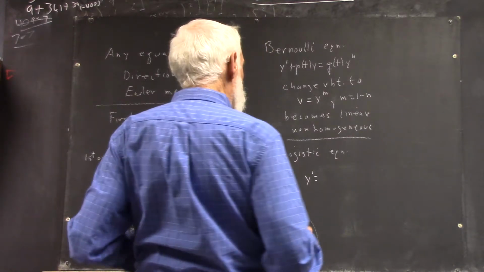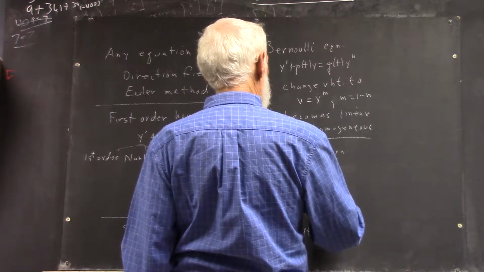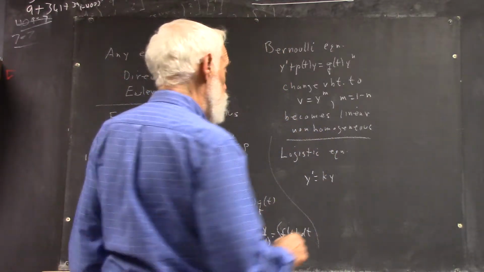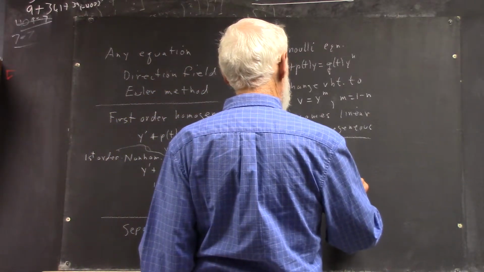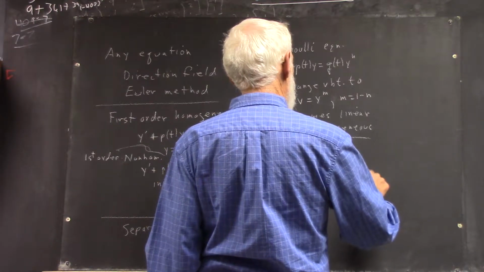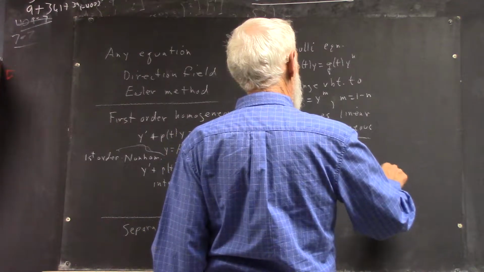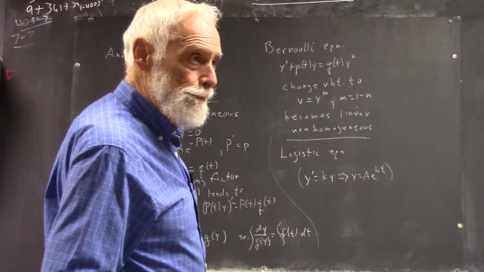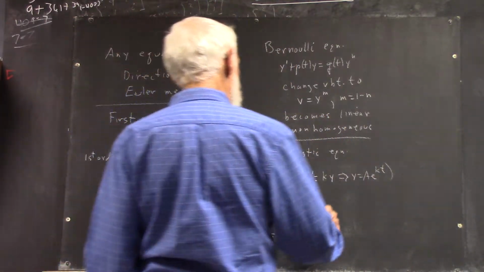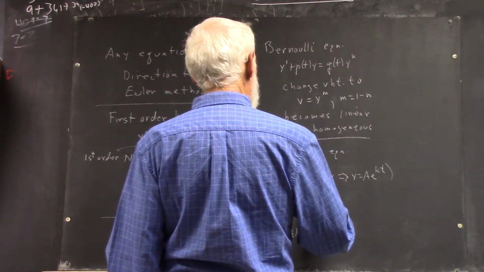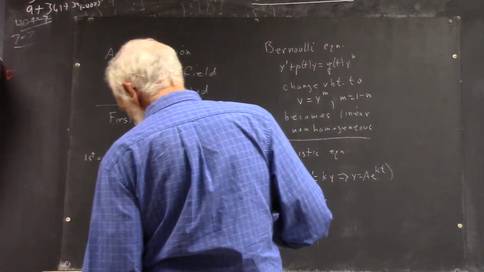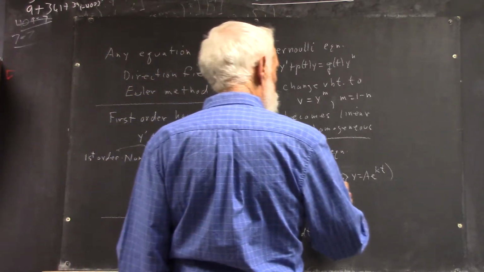Okay, if you have y prime equals ky, okay, we have this, right? So now you're going to have y prime equals not ky, okay?